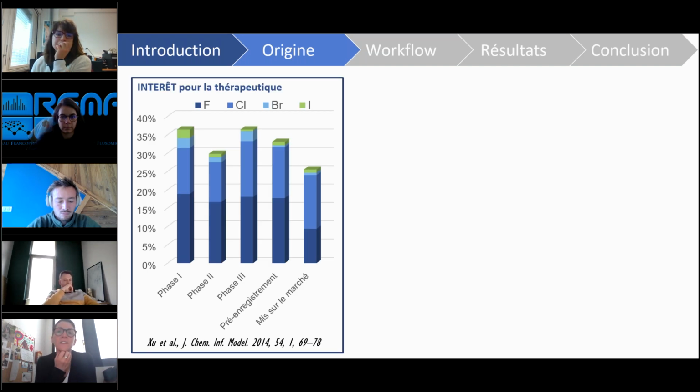Regarding the interest of halogenated compounds for therapeutics, this is a study from 2014. If you look at drugs that come into clinical trials, around 30% of the molecules have at least one halogen in their structure.